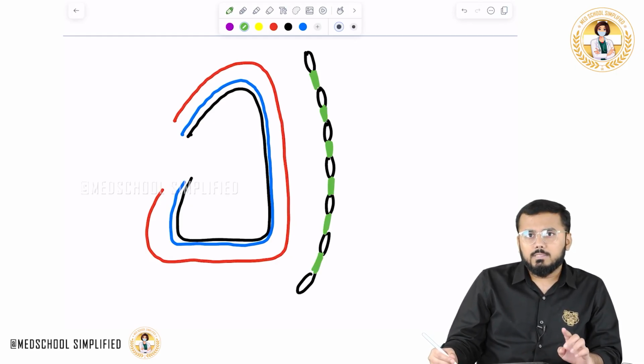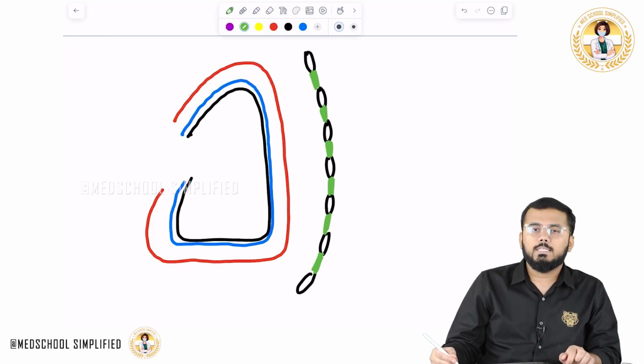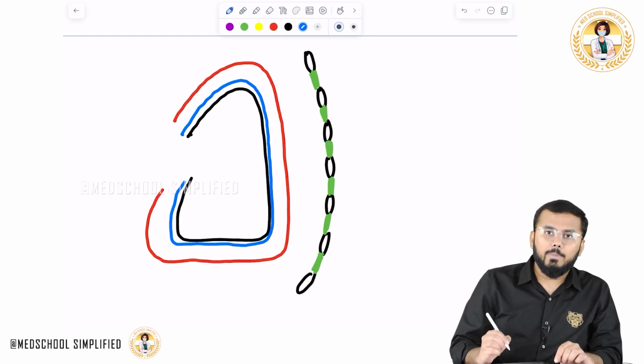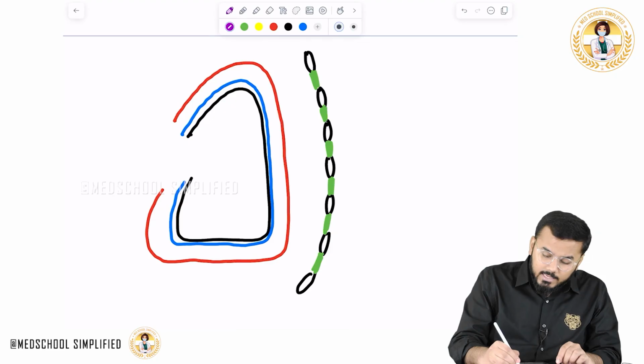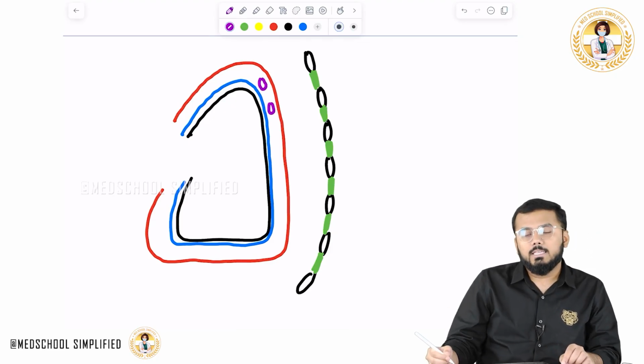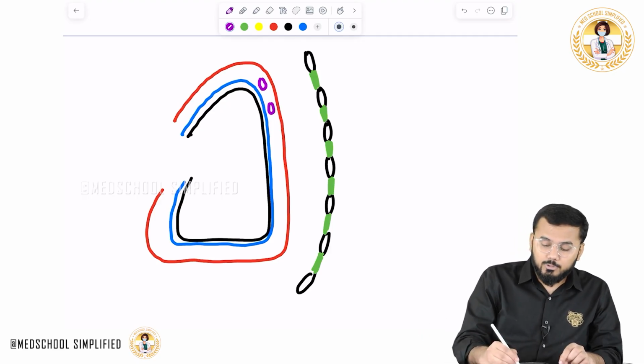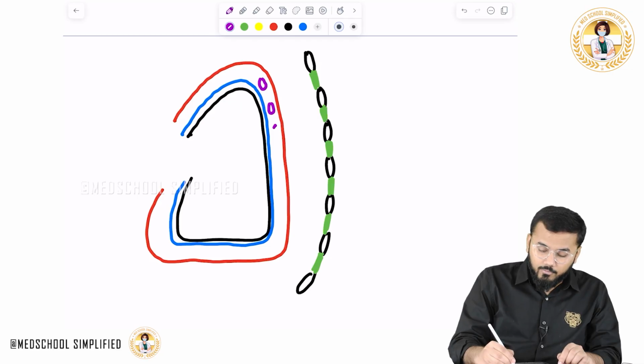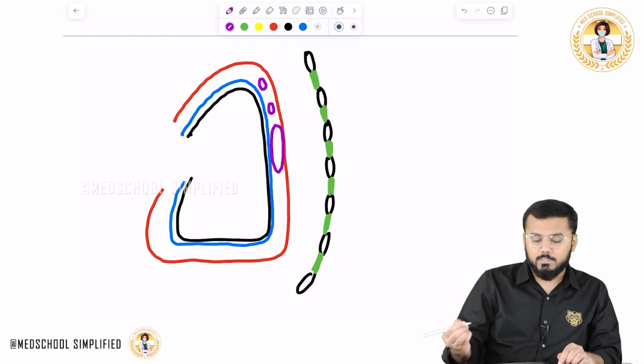In some individuals who are thin and tall, there are some small air bubbles present. These air bubbles are called bullae. These bullae join together and form a very big air bubble like this.